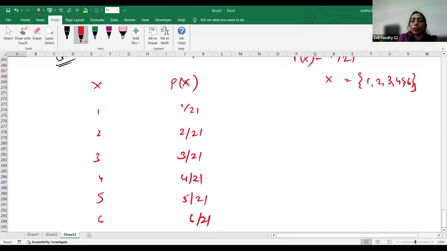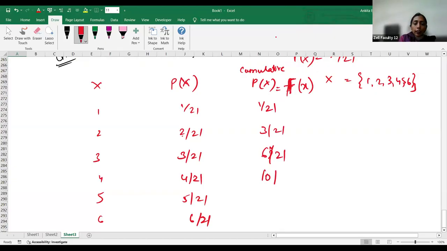Now I could create a cumulative probability table also. So cumulative probability I denote as capital F, and then I write in the bracket X. So how do I accumulate the probability? Probability here would be 1 by 21, then 1 plus 2, 3 by 21, then 6 by 21.